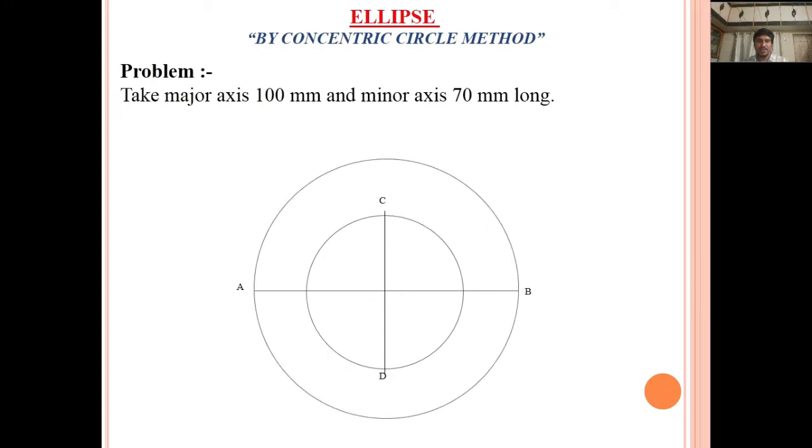Second is the radius OA; with the use of center O, draw another circle. Now the minor axis line CD will extend to the outer circle like this. Now we have two complete circles, AB and CD.